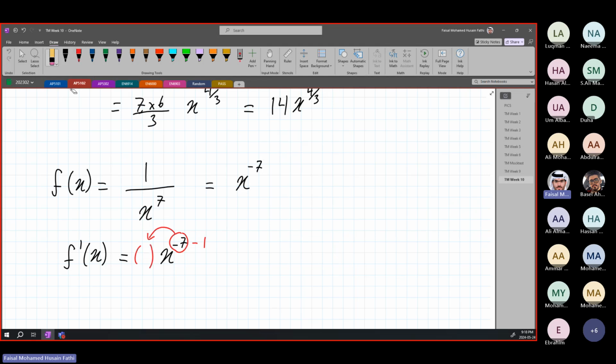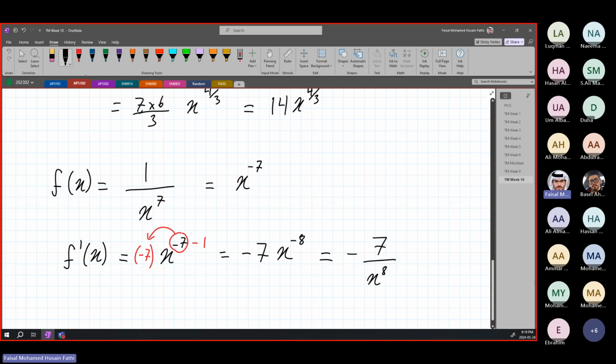So minus 7 is coming outside here, multiplying it with your function. So if we simplify, it is minus 7x to the power of minus 7 minus 1, which is minus 8. And again, you can do the same idea. You can take it back down. It is going to be minus 7 over x to the power of 8.